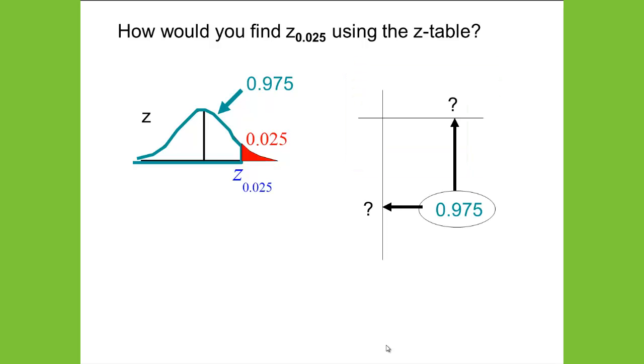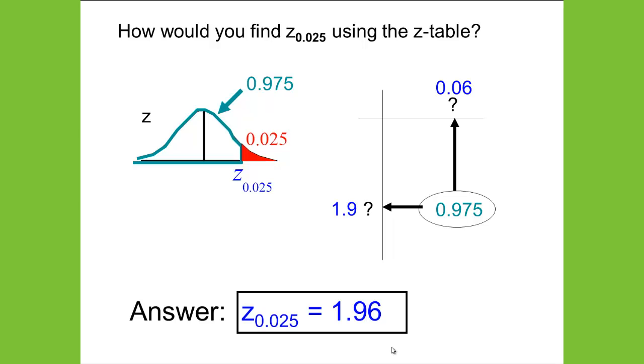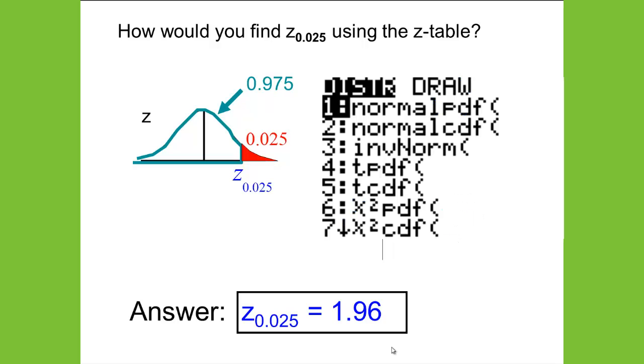The closest value to 0.975 in the table, well, actually that value is in the table and gives us 1.96. So our z of 0.025 is 1.96.